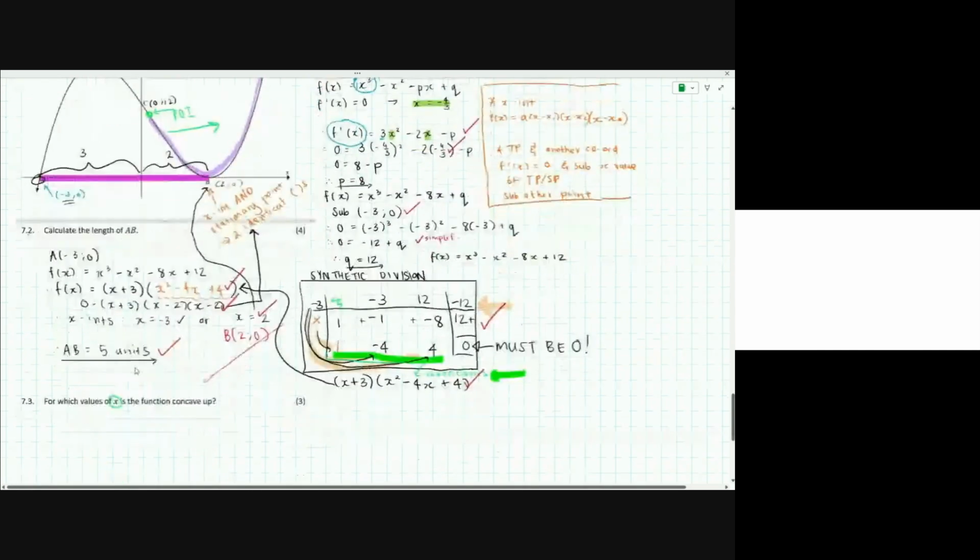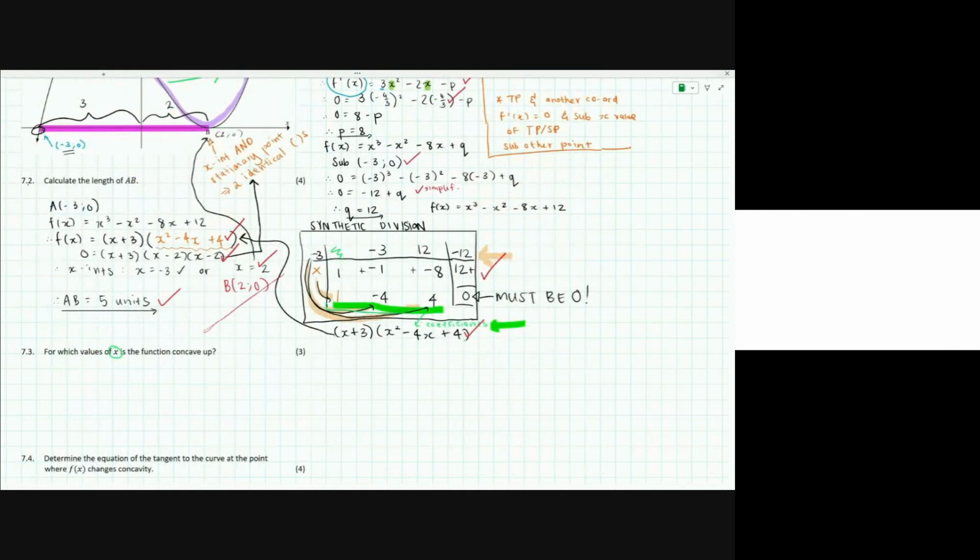Right, so does anyone remember what method we used to find point of inflection? So essentially, how do I find it? Anyone remember?